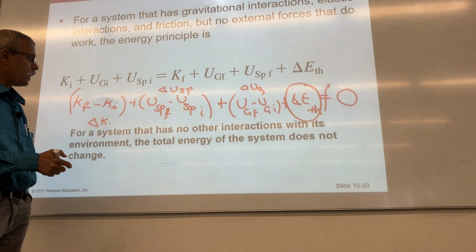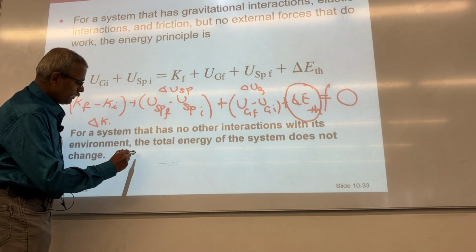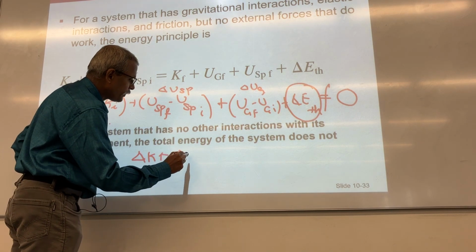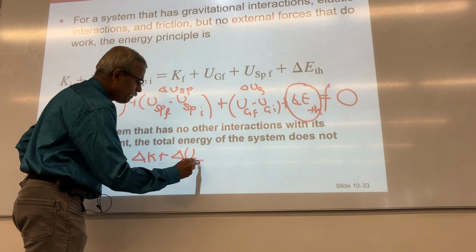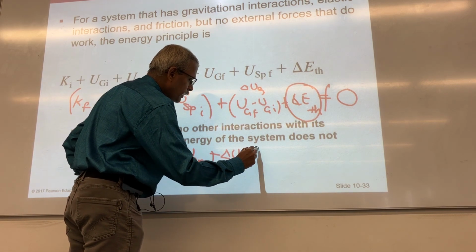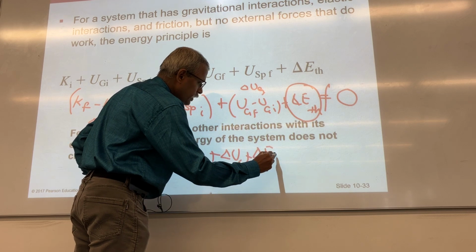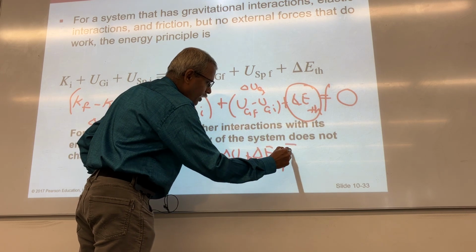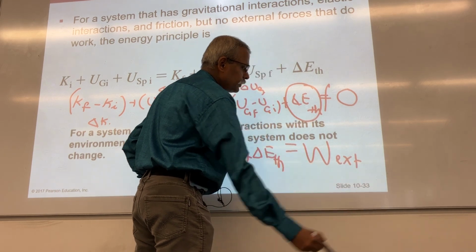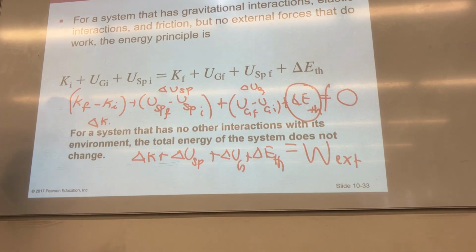But if you line up again delta K plus delta U_SP plus delta U_G plus delta E_TH, all is equal to the work. So that's the work-energy theorem again.